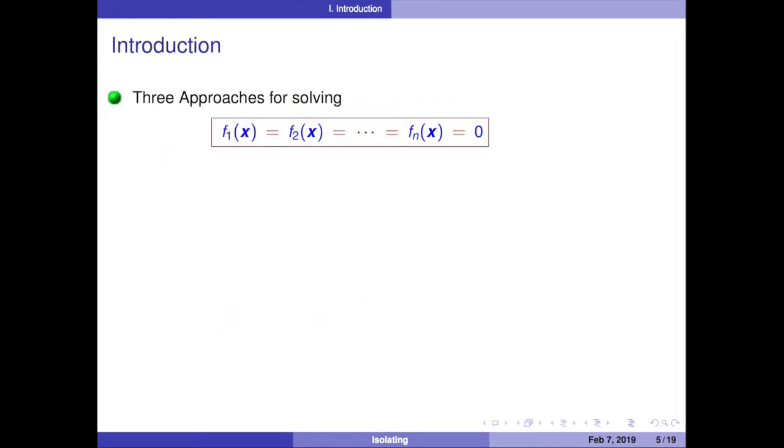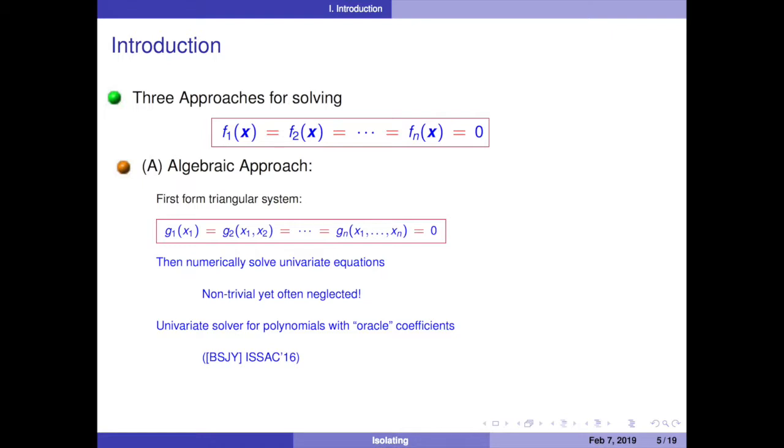Okay, so there are three approaches for solving this system of n equations in n variables. The first one is the algebraic approach. In the algebraic approach, you're stuck with polynomials.